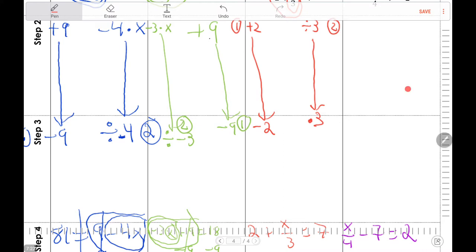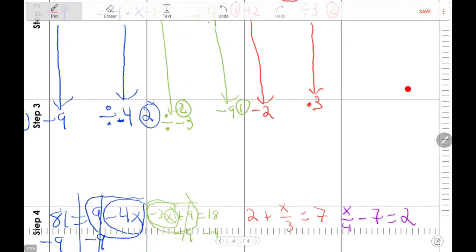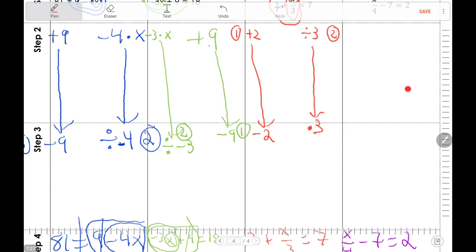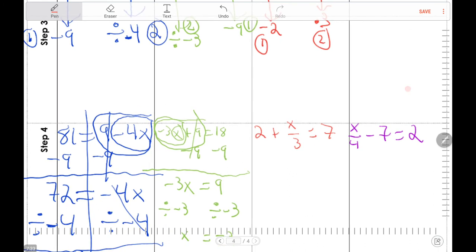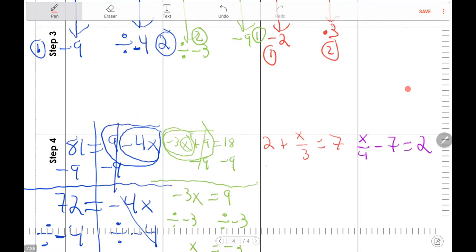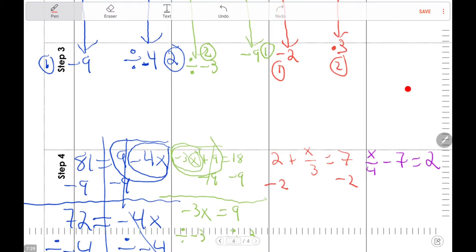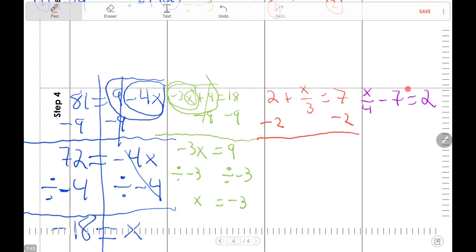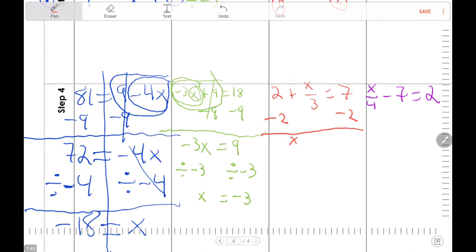Okay, so how are we going to deal with this? Remember, our first step, we said this was 1, this was 2. So this was on the outside. We're going to subtract 2. Minus 2, minus 2. 2 minus 2 is 0. And we have x over 3 equals 5.